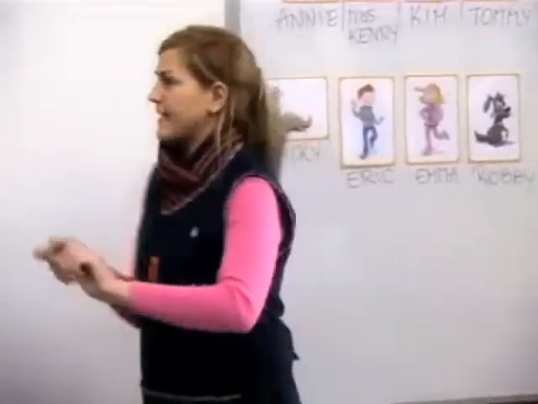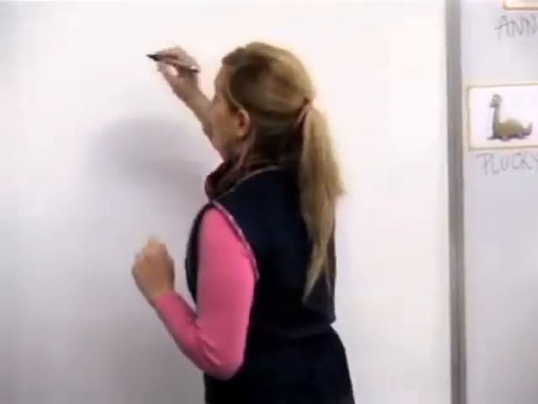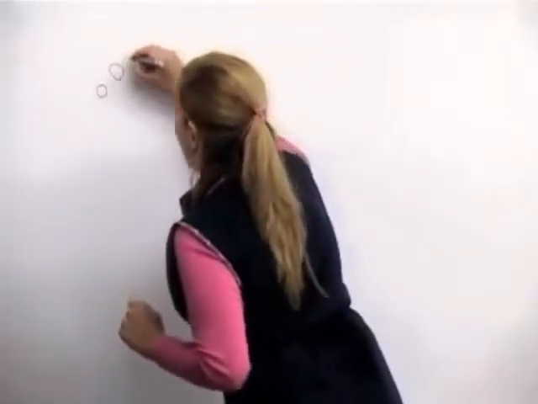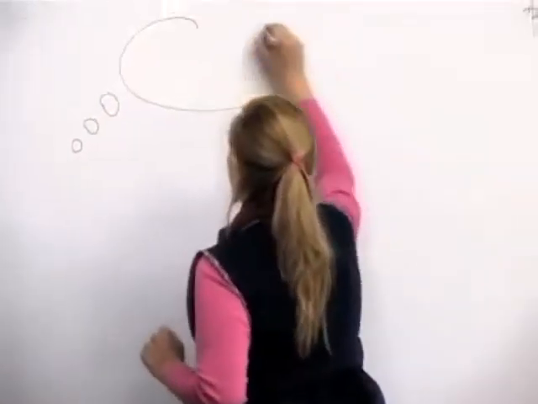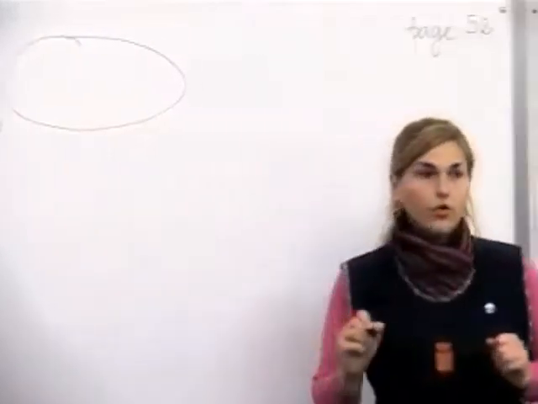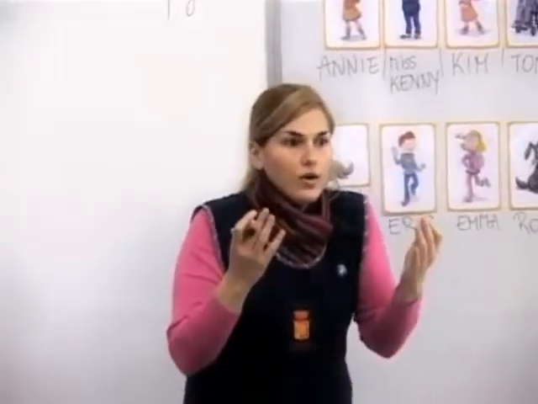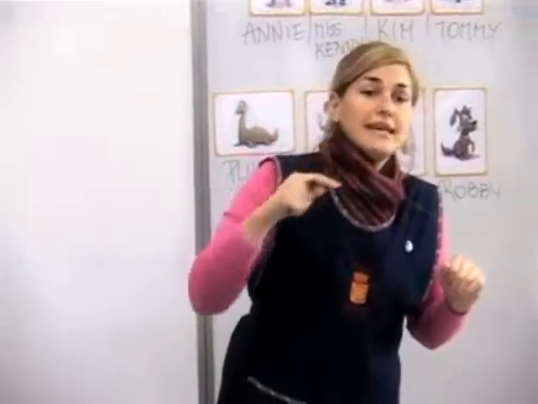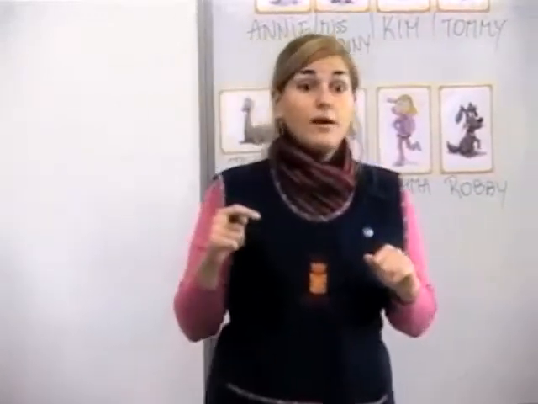Que hay unos círculos. ¿Y cuál es la diferencia entonces si yo tengo Annie's mom pensando algo con alguien que está diciendo algo? ¿Quién me puede decir? Ceci, ¿te animás a decirme cuál es la diferencia?